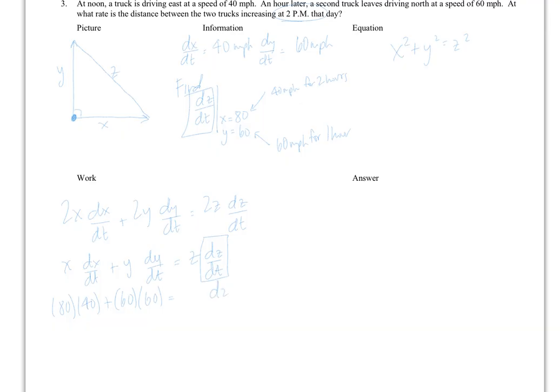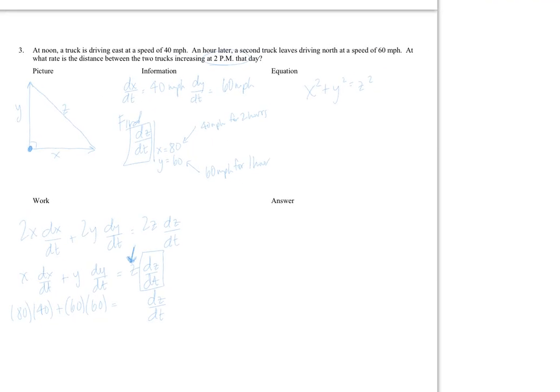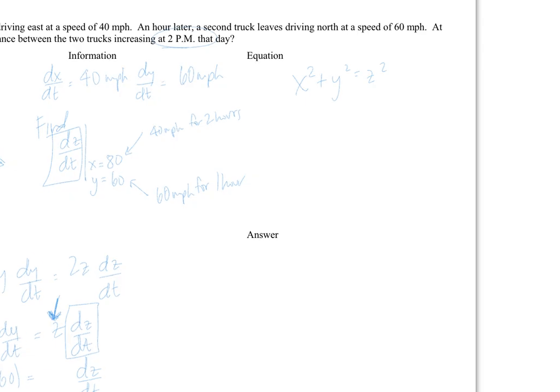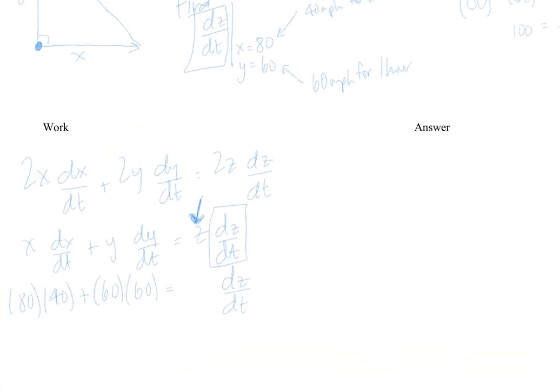I'm solving over here for dz/dt, but I am missing a z, right? I do not have a z. So I'm going to come back over here. Let's plug in what we've got, which is 80 squared plus 60 squared equals z squared. I'll let you guys figure that out, but it ends up being that z is 100. So now I can come back over here and put in the 100.